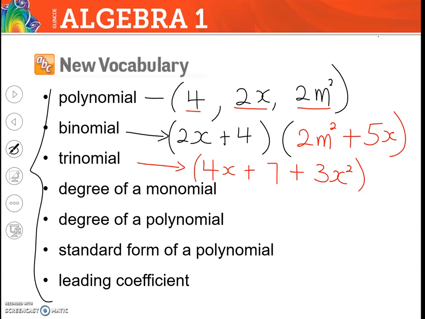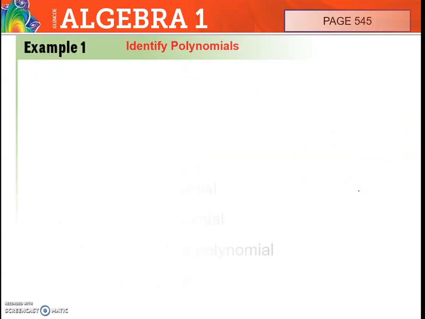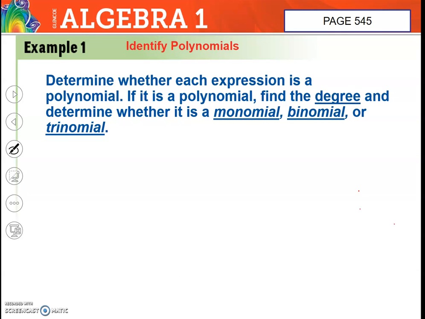Now, the degree of a monomial and of a polynomial, we are going to learn about when we begin the lesson. Let us start with our example 1. Determine whether each expression is a polynomial. If it is a polynomial, find the degree. That is the first answer we're looking for, and determine whether it is a monomial, a binomial, or a trinomial.